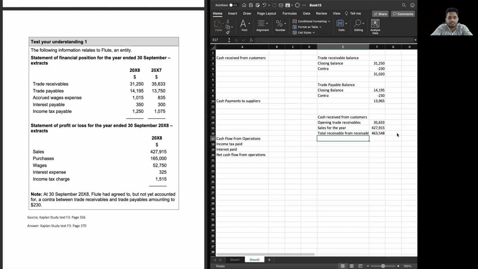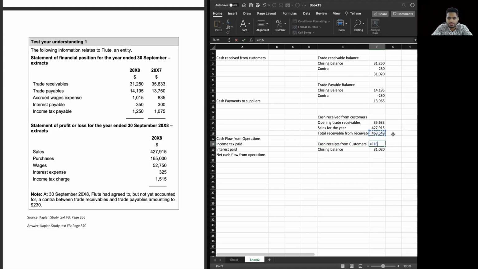That's 463,548. Your closing balance is going to be 31,020. So the difference between this is going to be your cash receipts from customers.